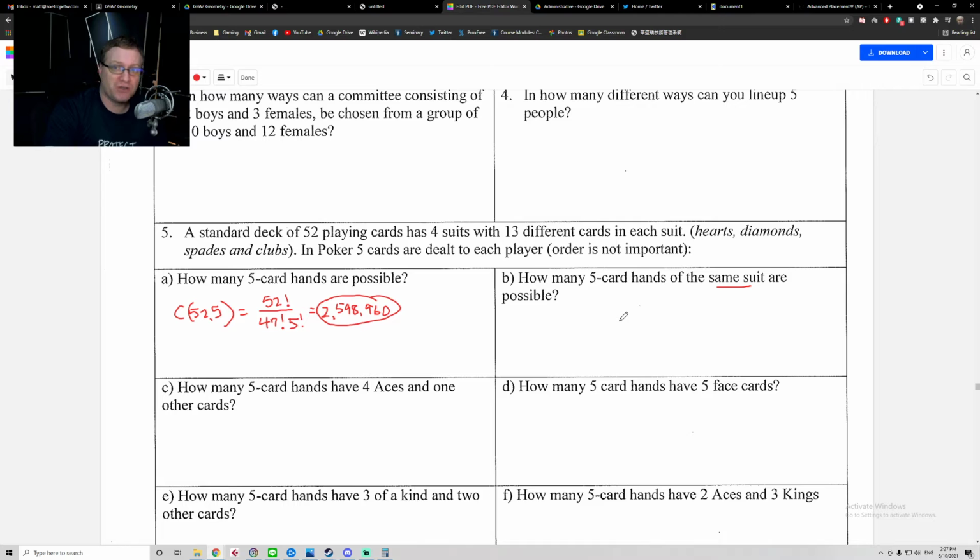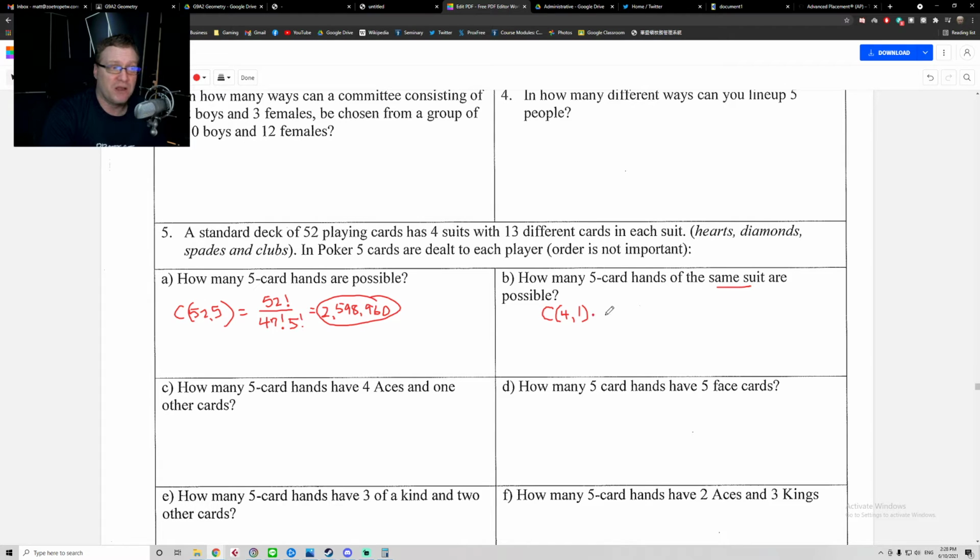What we're going to do is divide it into 2 steps. First, we're going to pick a suit. There are 4 different suits, and we're going to pick one suit. So we're going to say, 4 choose 1. Out of 4 suits, we're going to pick 1 suit.